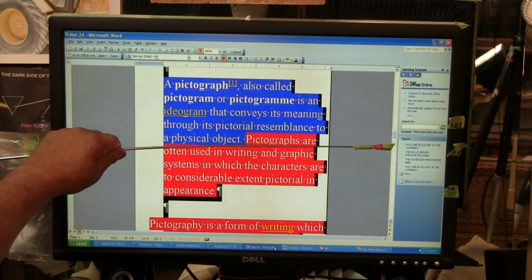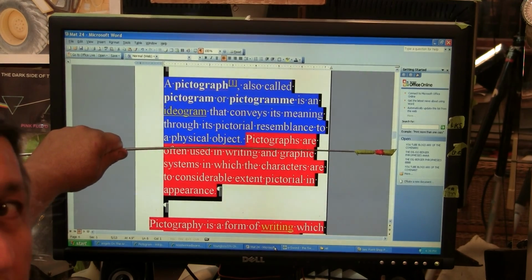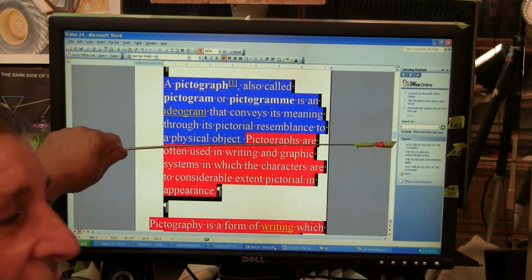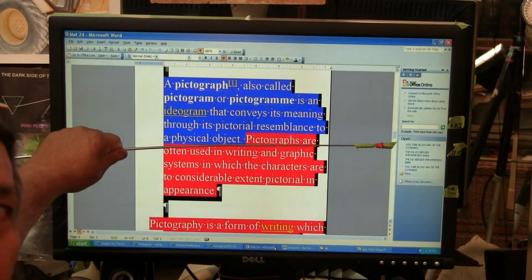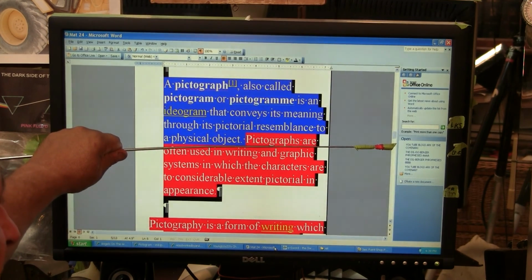It means it shows you a story by using several pictures in combination with one another. That's my interpolation of the definition, but that's very true and correct to the actual meaning of the word pictograph.